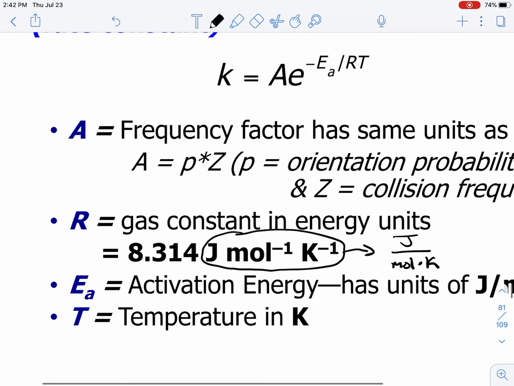So finally, we have capital T, which is found here in the Arrhenius equation. And capital T is representing temperature, which is in units of Kelvin.